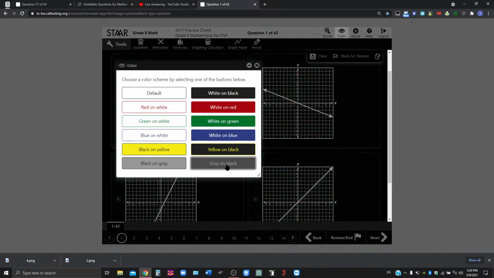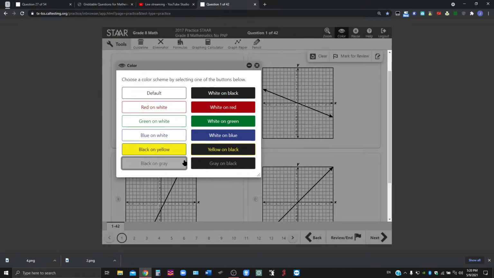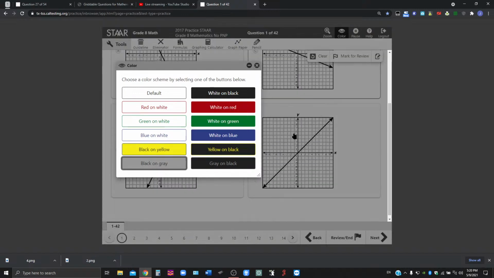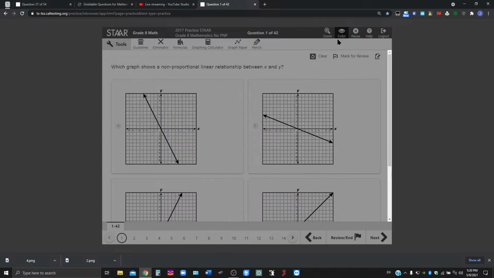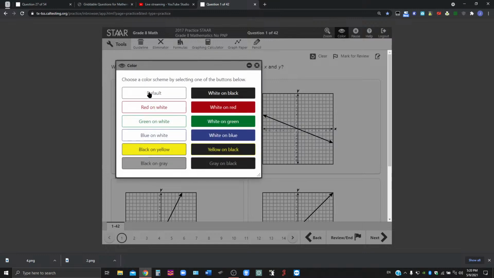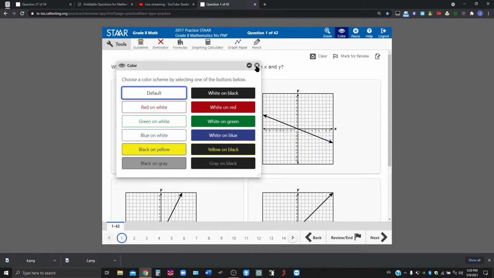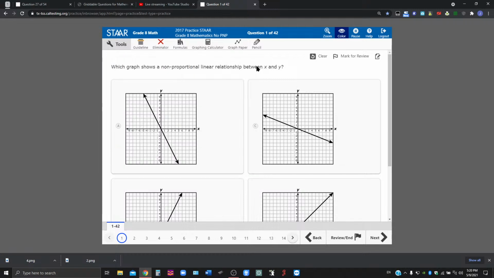Actually, for myself, I find most of them don't make my screen better. The black on gray is fine, it kind of makes the screen more comfortable for the eyes, but I will still go with default. I think default is just good enough for me, right? So make the choice according to your preference.